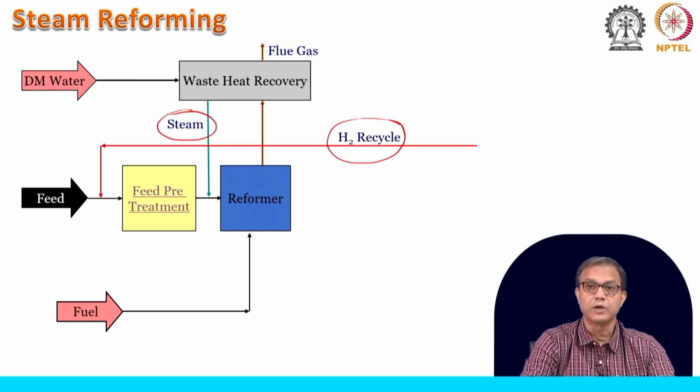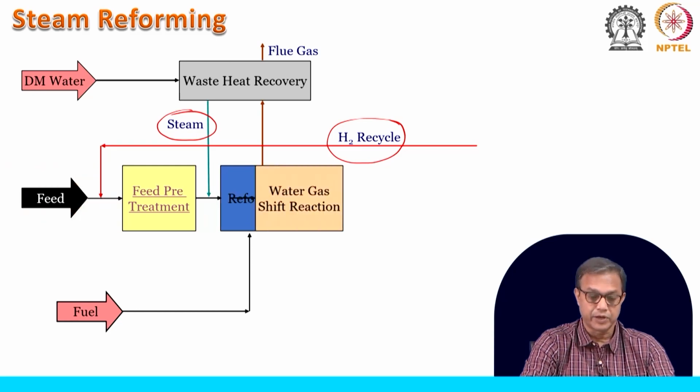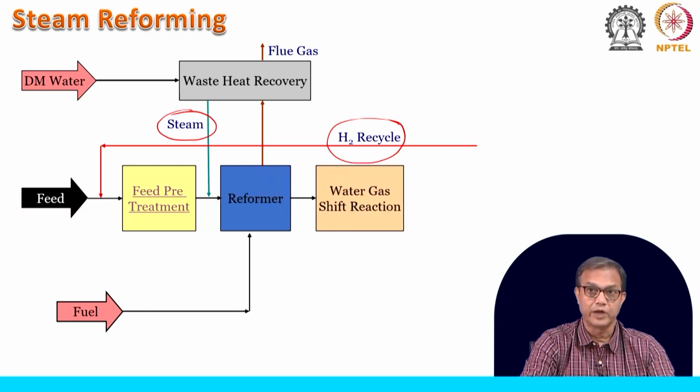So, from the reformer what we get is the syngas, basically a combination of CO and H2. At the same time, at the outlet of this reformer, there would be a parallel water gas shift reaction, where the water or the steam, H2 and CO will be further reacting to generate CO2 and H2.